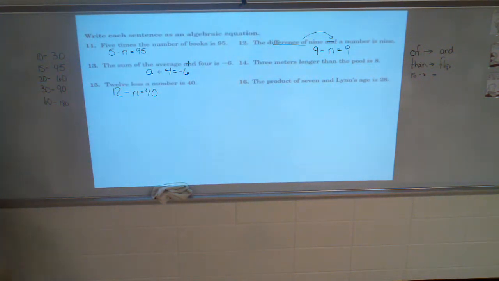Now, some of you guys might say, oh, I know what the answer is. The answer is negative 28. Now, here's the thing. On the I step, there are going to be a lot of questions like this where you have to write the equation, where they will not give you credit if you just know the answer.